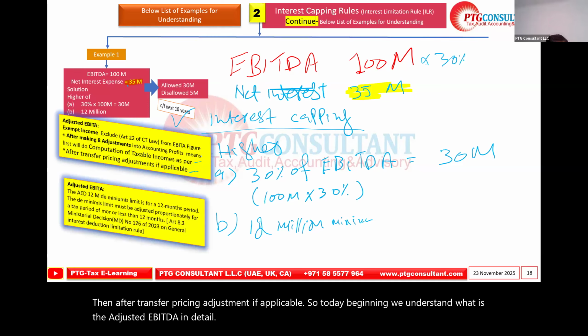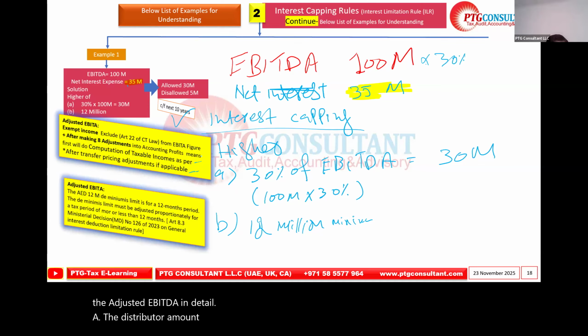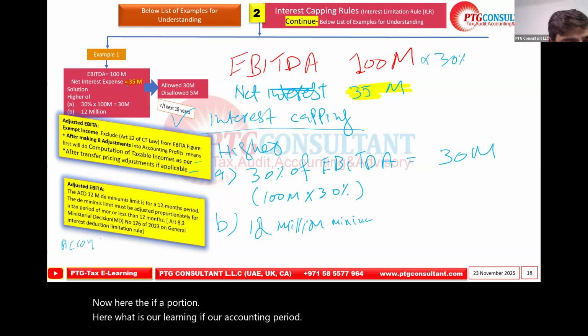The adjusted EBITDA amount is 12 million for a 12-month period. Now, what is our learning here? If our accounting period or tax period, now we are assuming both are the same, is 6 months, the tax period will be 6 months.